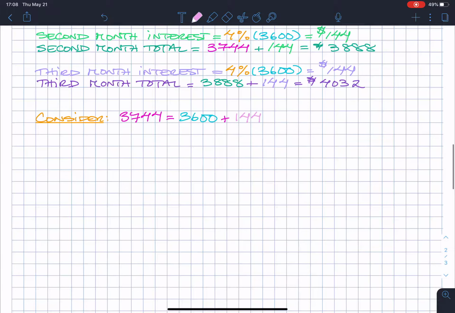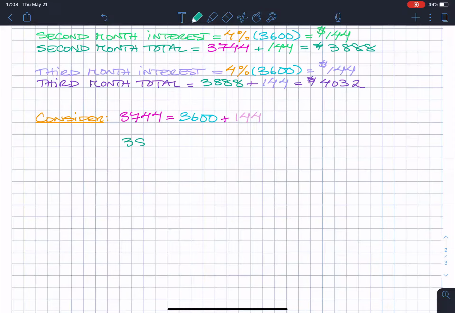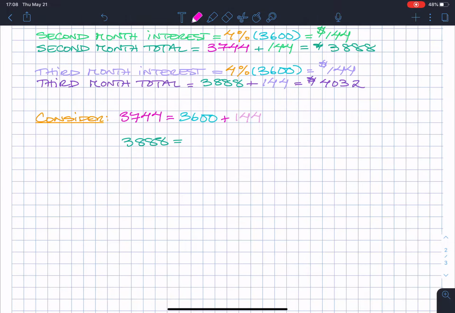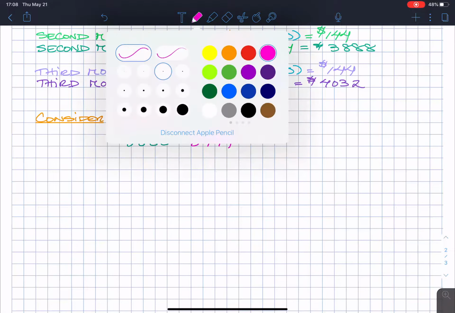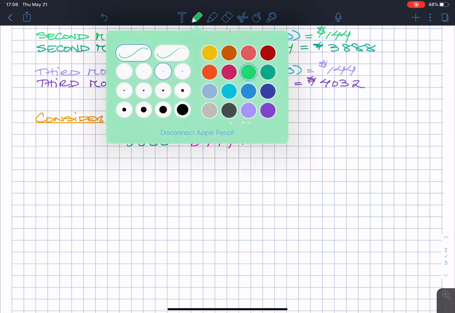Okay. The second month total was $3,888. And what was that really? Well, that was $3,744 plus $144.